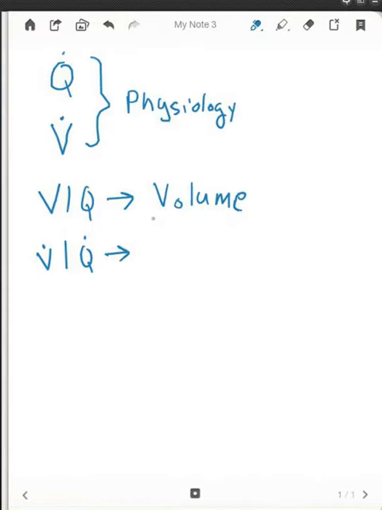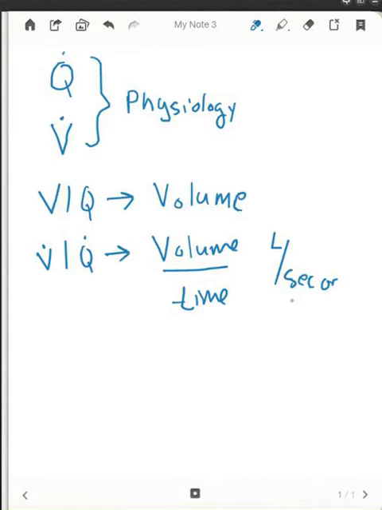That just means volume per time, a certain volume per a certain amount of time. In physiology, we typically use liters, and depending on the context, either seconds or sometimes minutes. So, liters of volume per minute.